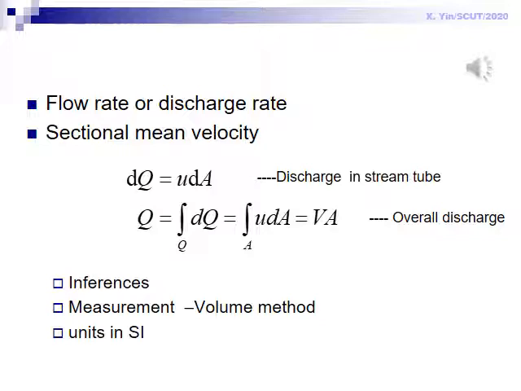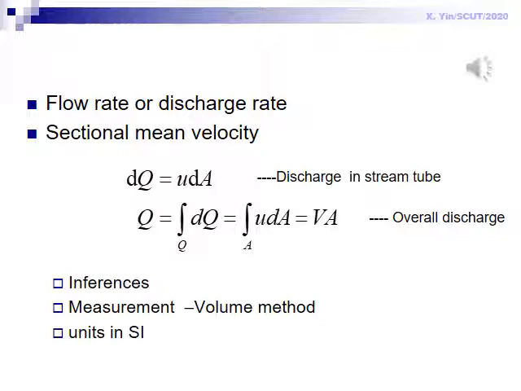As for total flow, the flow rate Q is the integral of elemental flow rate dQ within boundaries. According to the mean value theorem in calculus, the integral can always be written as a value V times cross-section area A. The value V is called sectional mean velocity. It is indeed the mean velocity of the cross-section.